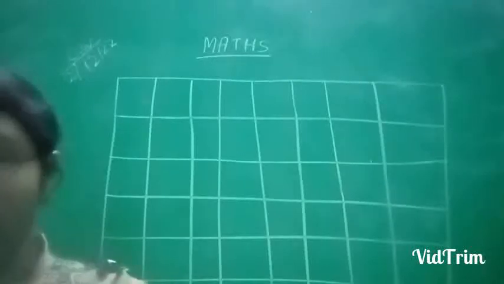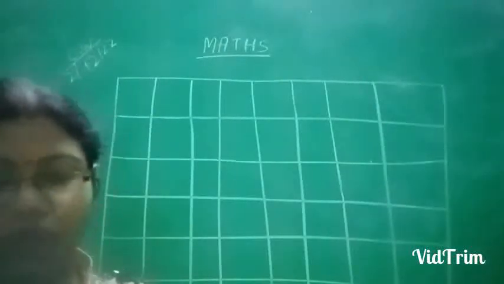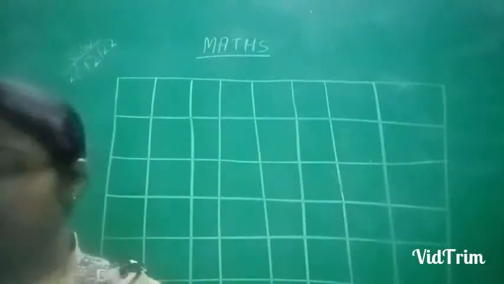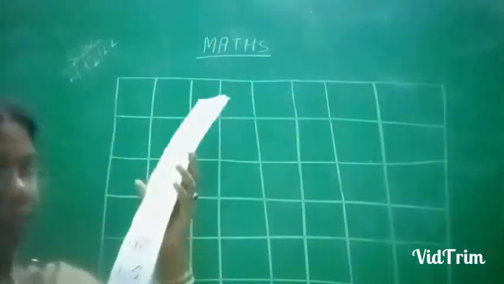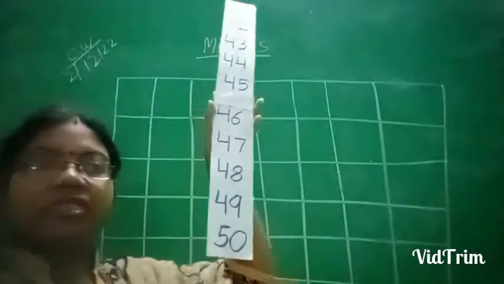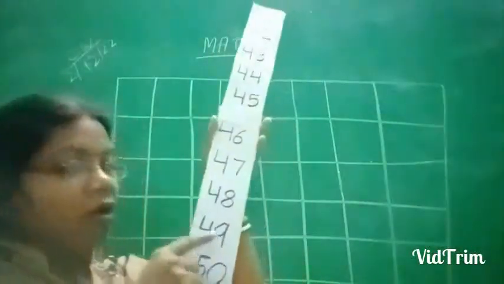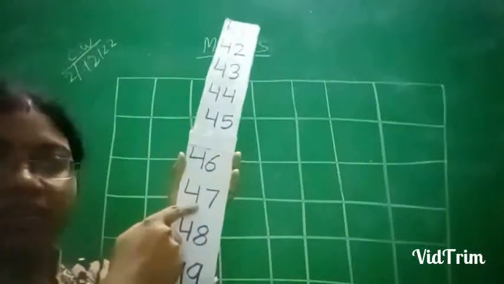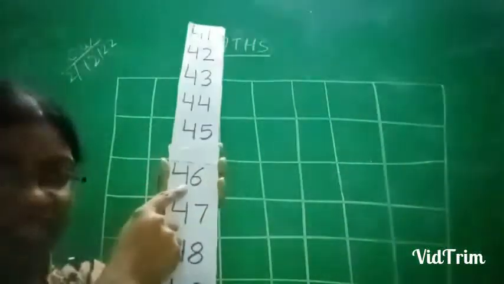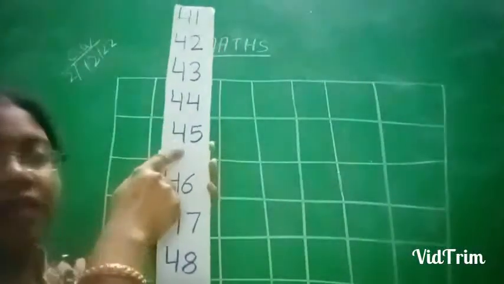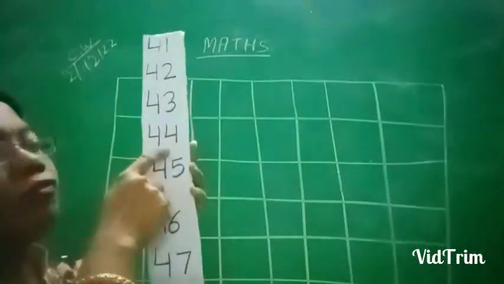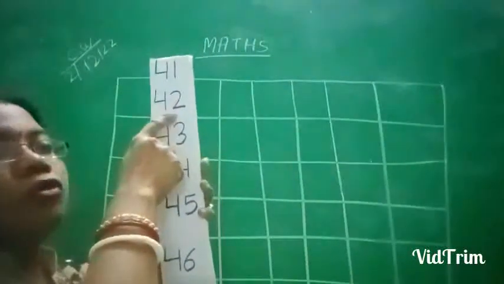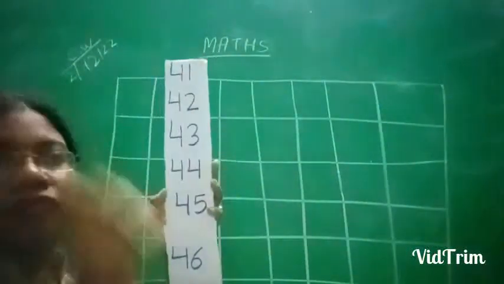Understand, children? When we are counting the numbers from the back side, it's backward counting. Now see this one more time. We will count from the back side. 50, 49, 48, 47, 46, 45, 44, 43, 42, 41.